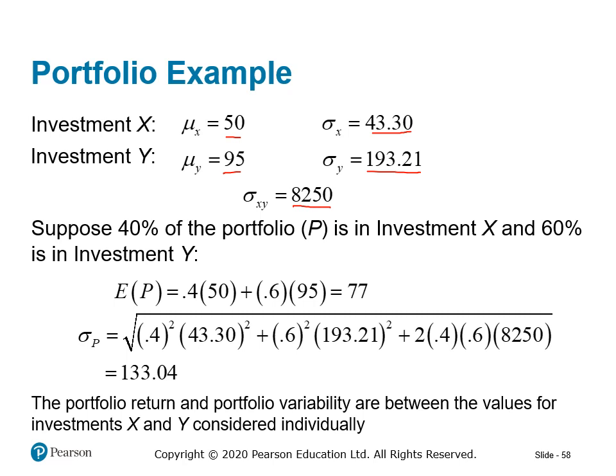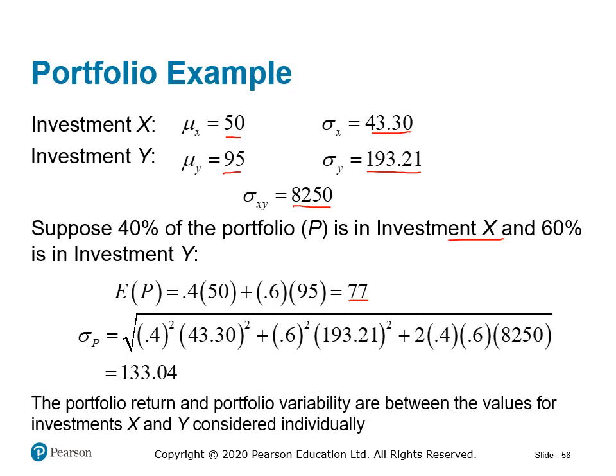So suppose that 40% of my portfolio is in this passive fund X and 60% is in the aggressive fund Y. In this case, the expected return on my portfolio is 0.4 times 50 plus 0.6 times 95, or 77.